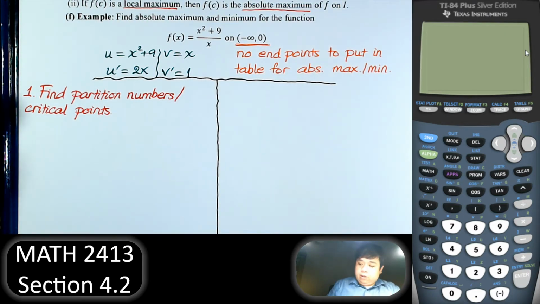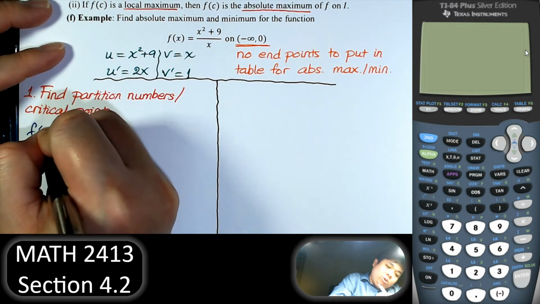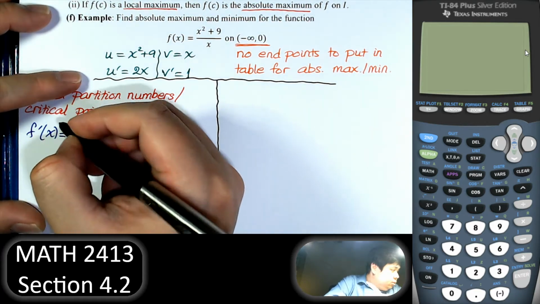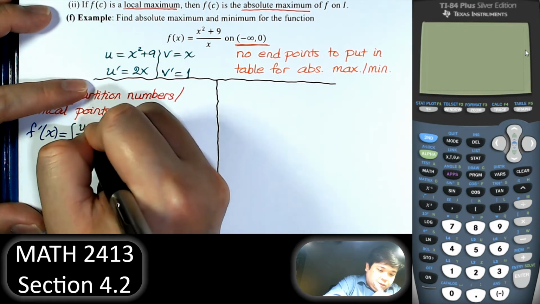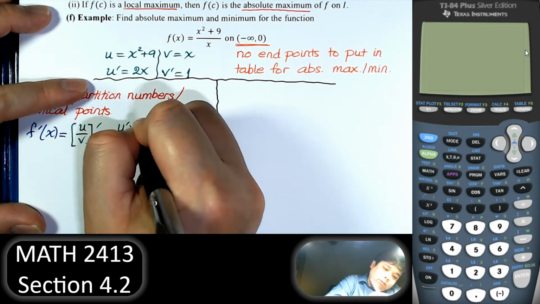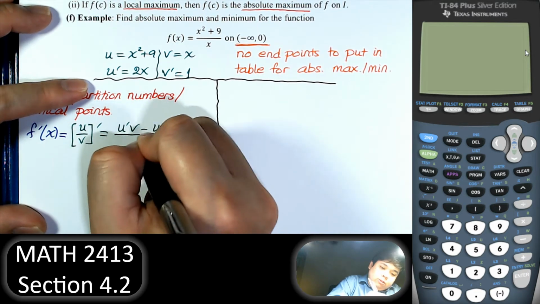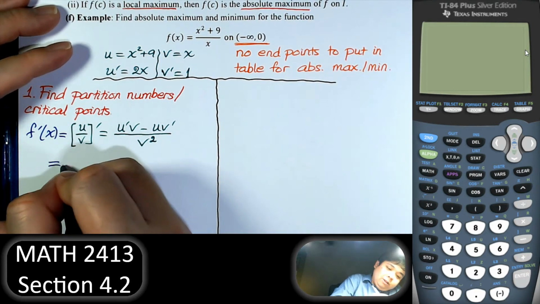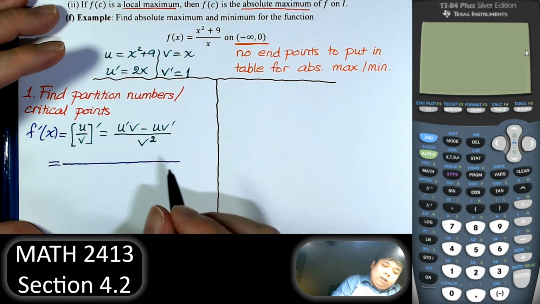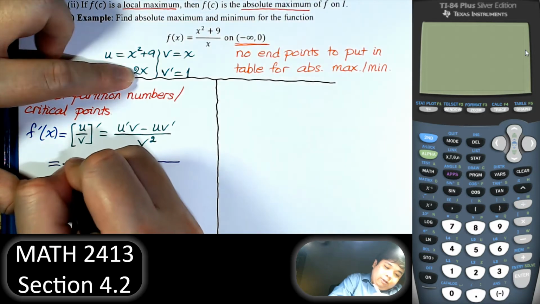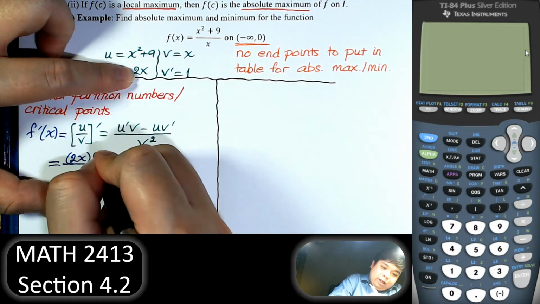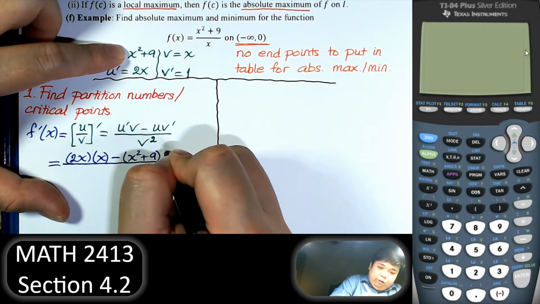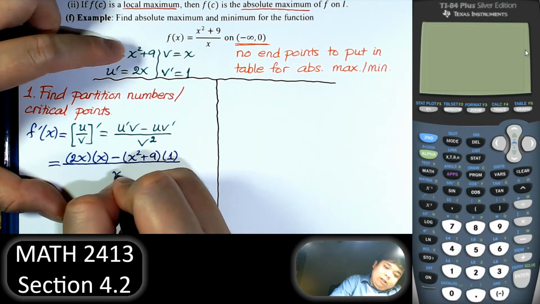So product rule, I mean quotient rule. u prime v minus u v prime over v squared.